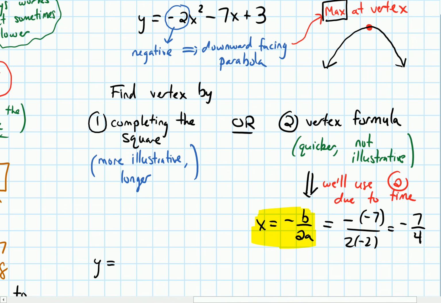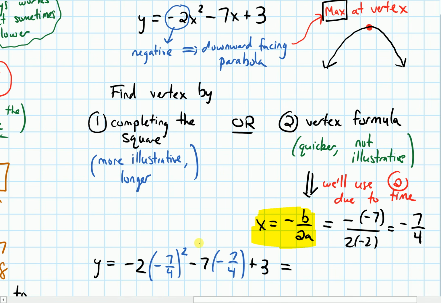To get the y coordinate, we can take this x value and plug it in for the x in the equation. So we get negative 2 times negative 7/4 squared, and then minus 7 times negative 7/4 plus 3.